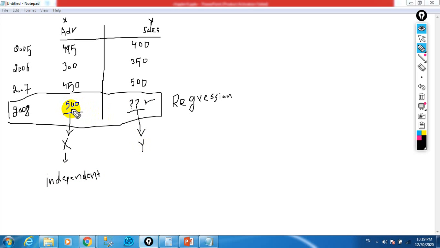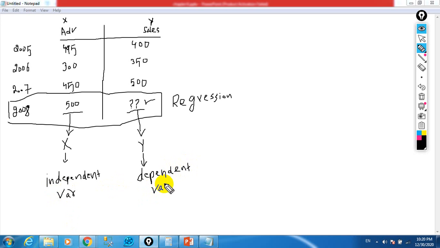So y is the dependent variable. This is the most important thing in your business research: this is the independent variable and this is the dependent variable. I hope you got this.